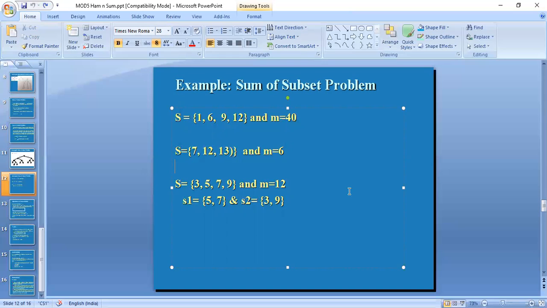So the first value, S1 itself, is greater than m. Will you get a solution? No, you will not get a solution.